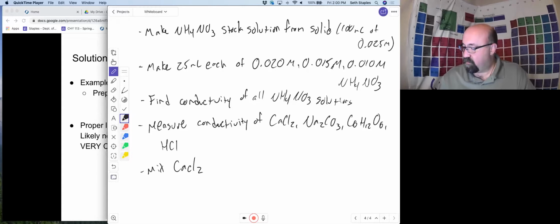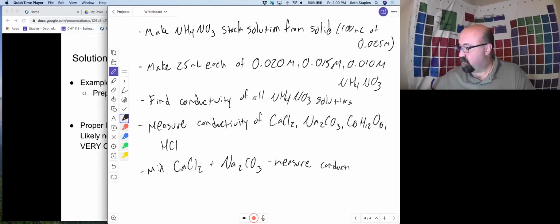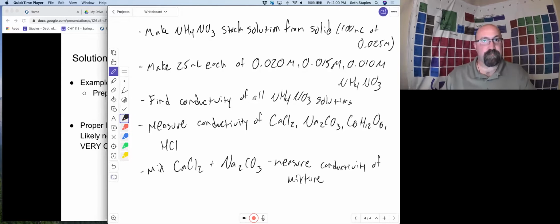Mix together some of the CaCl2, the calcium chloride, and the Na2CO3, the sodium carbonate. Mix those together. Measure your conductivity of the mixture.